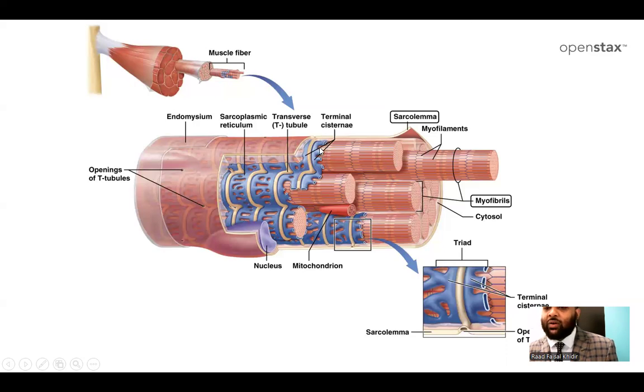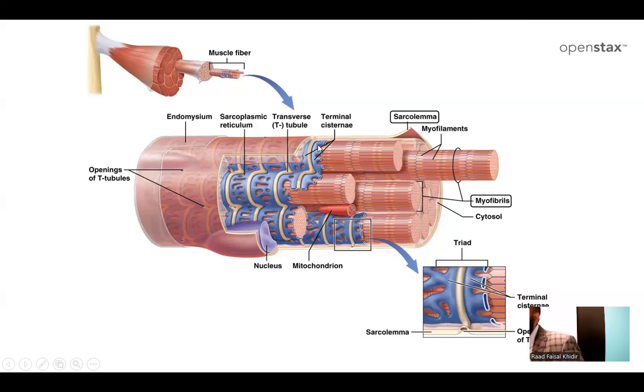These are your cisterns from your sarcoplasmic reticulum, and they secrete calcium, and the calcium causes the contraction. We will see how. What are these transverse T tubules? These T tubules are what the action potential is going to flow through.